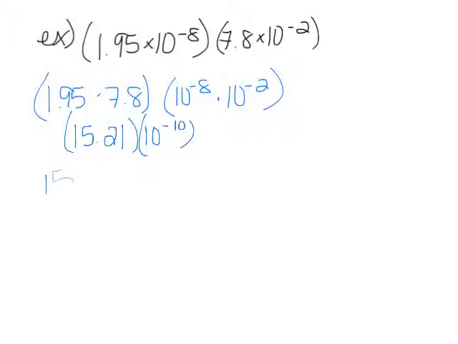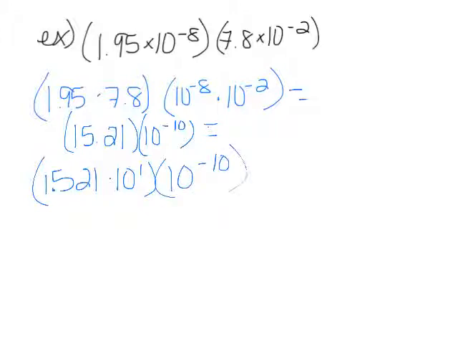And remember that I want my number to be 1.521 times 10 to the first, times 10 to the negative 10th. And then when I simplify that, I'm going to get 1.521 times 10 to the negative 9th.